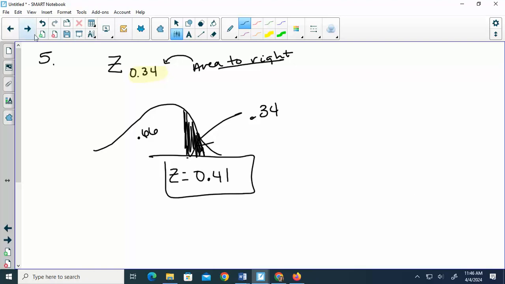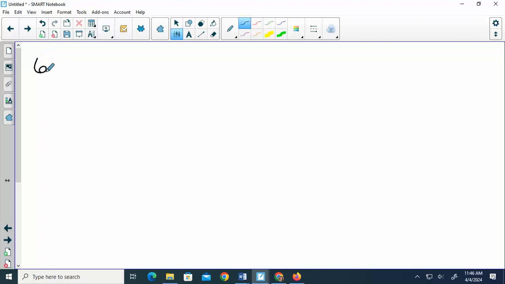Number 6. In 2008, the average ACT science score was 20.8 with a standard deviation of 4.6. So the average, like a mean, 20.8. My standard deviation, 4.6.